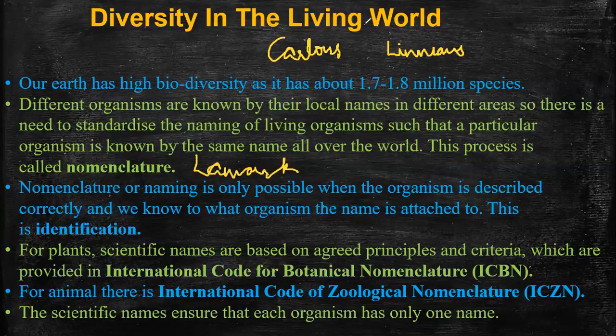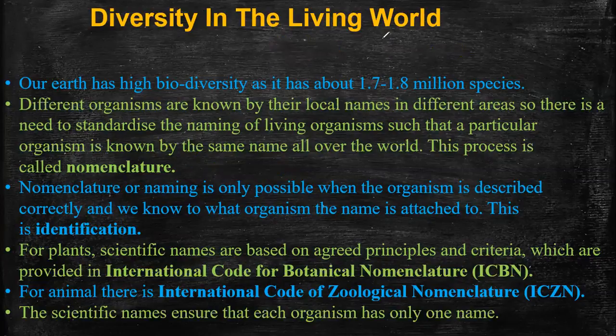Examples for binomial are Homo sapiens, Mangifera indica, Pisum sativum, Panthera leo, Panthera tigris, Mus musculus. Mus musculus means the white rat in your house. And trinomial nomenclature proposed by Lamarck, example Gorilla gorilla gorilla.